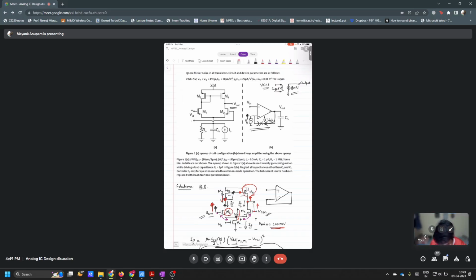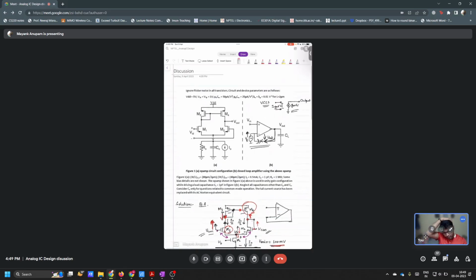If we apply the input at M1, then the output will not be inverted with respect to the input. Correct. So M1 would be the positive input and M2 will be negative, right? Yes, you are right. Is that understood now? Yes, sir. Thank you.